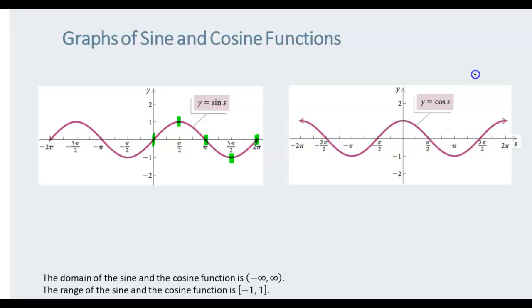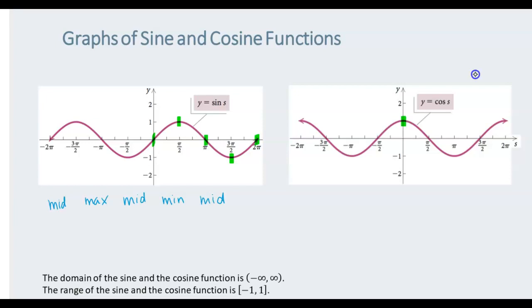So the pattern that sine follows is midline, max, midline, min, midline. This is the pattern that sine will always follow unless there's a reflection. And when there's a reflection, the max and the min points just interchange. But this is a way to remember how to get a graph.